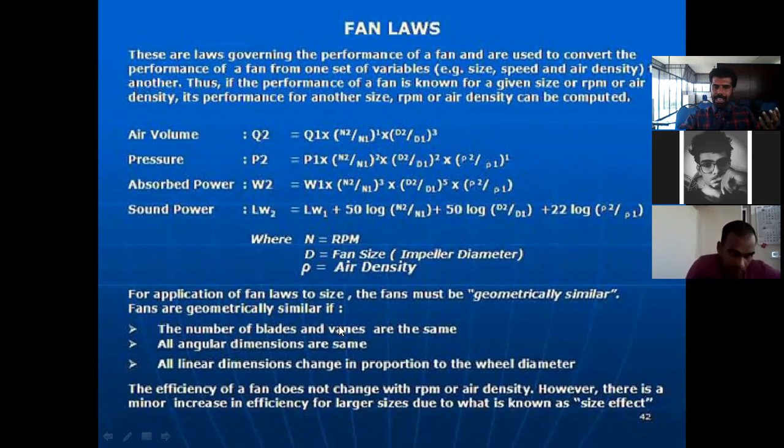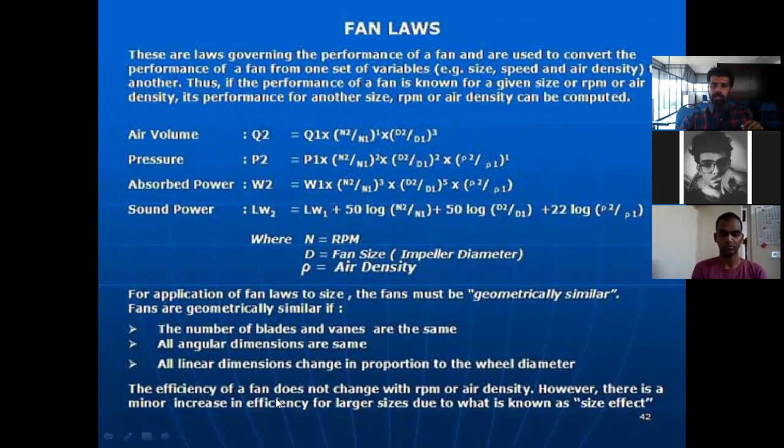The number of blades and vanes are the same, the angular dimensions are the same, and all linear dimensions change in proportion to the wheel diameter. When all these criteria are satisfied, we could say that it is geometrically similar. Only geometrically similar fans can be used for fan balancing, because we are comparing one with another. Just comparison. That's it.